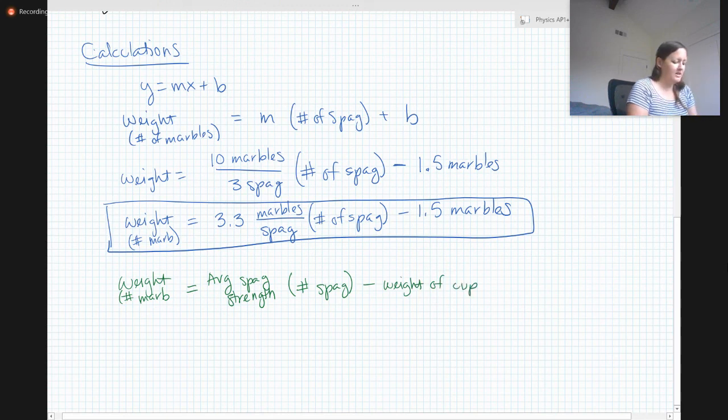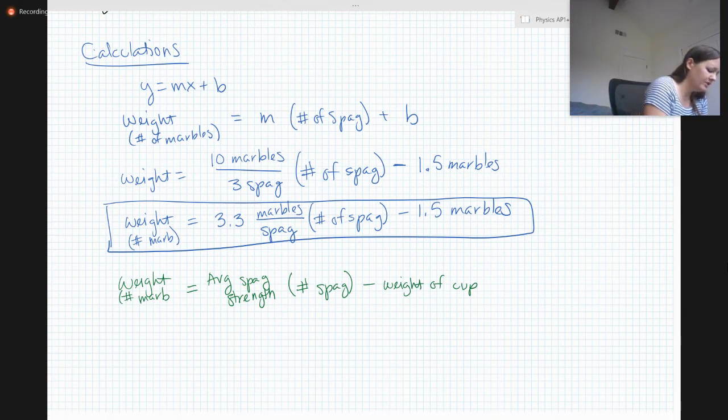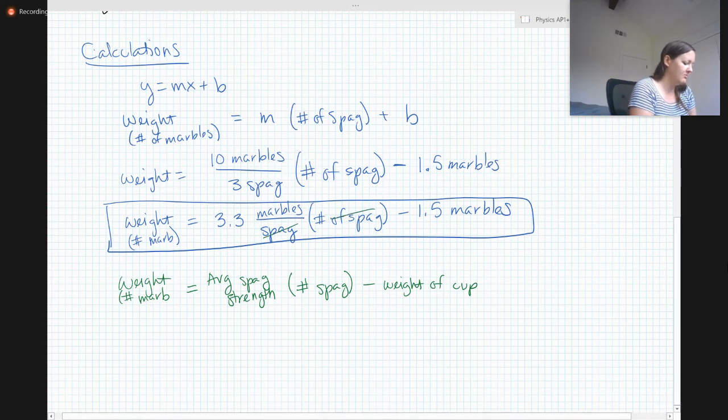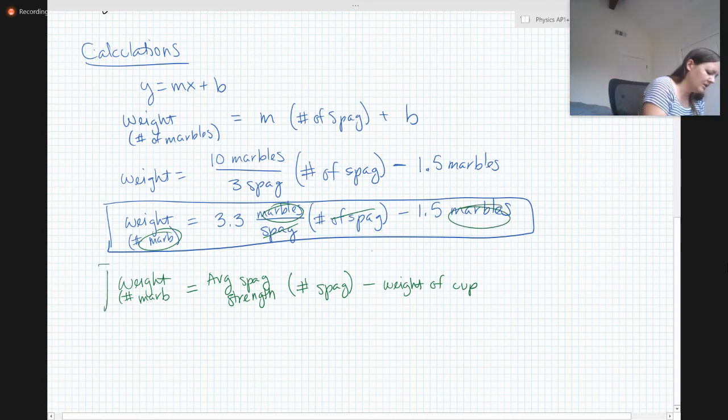And then this could be done in any units, whether it's marbles or pennies or anything. One way to always check your work in your equations too is to check that the units work. So up here you see, if they cross out these spaghetti, I get marbles, marbles, marbles, everything matches, we're good to go. So I checked my work.